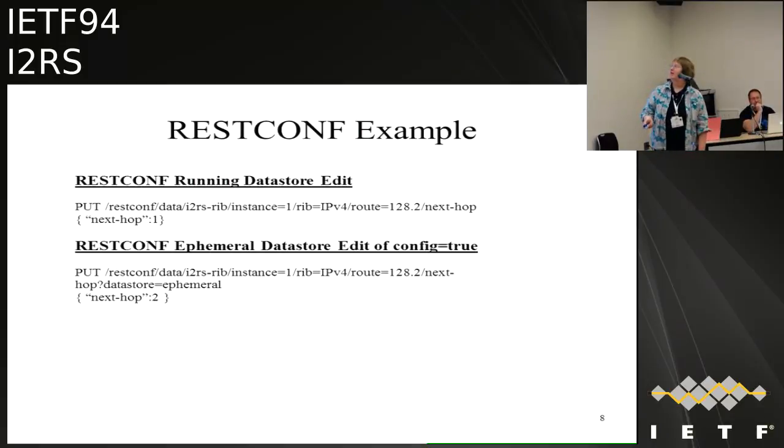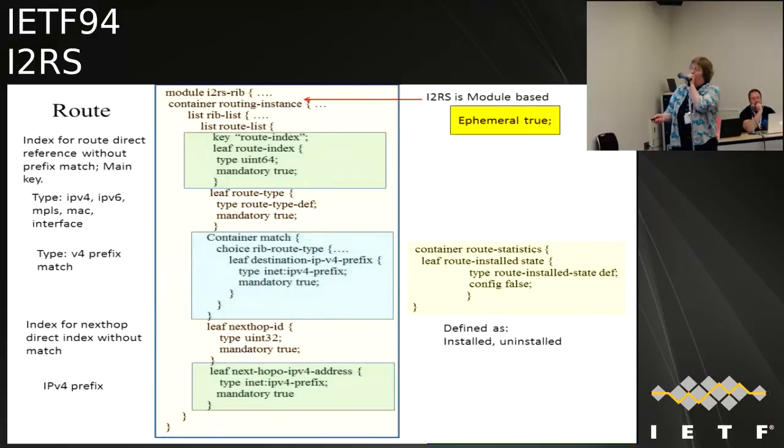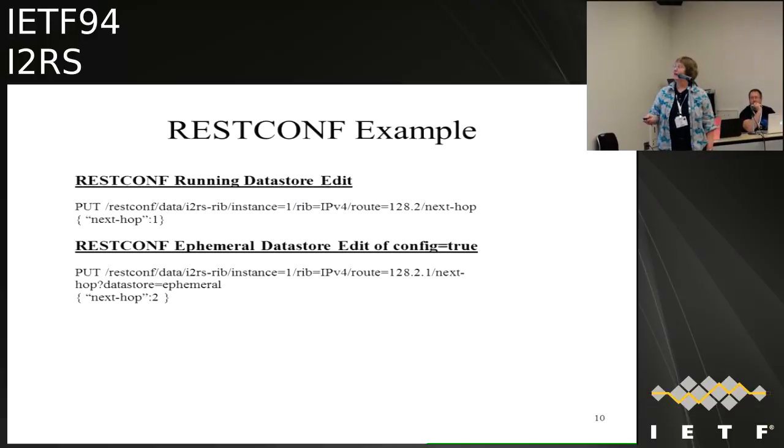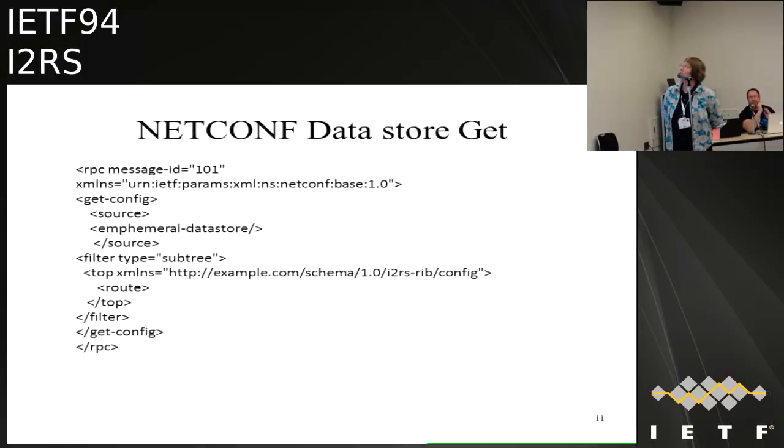Okay. And what you would need is at the top of the RIB, ephemeral true. So that is the end of that tree. If you had a NETCONF data store get, it might look like this, with a get-config and an ephemeral data store.